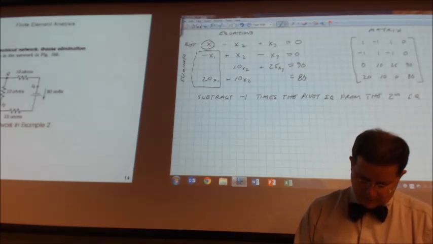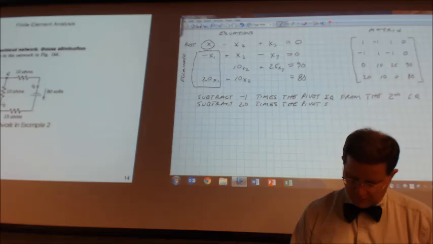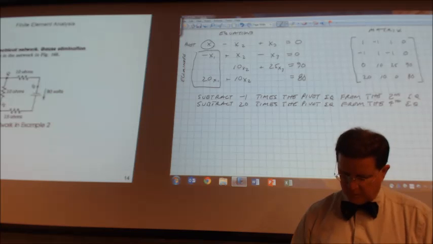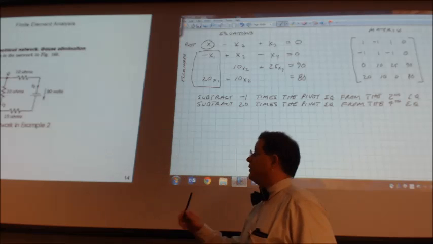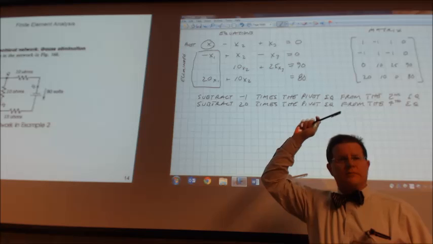And we're going to subtract 20 times the pivot. Does that make sense? Because we're trying to get those terms to go away, right?